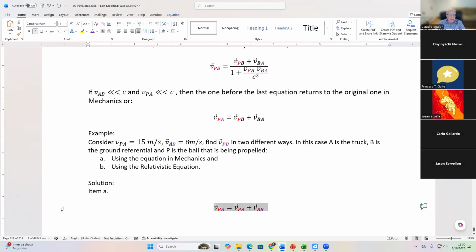VPA is 15 meters per second. V of A with respect to B should be 8 meters per second. And then what do we get? We get 23 meters per second.